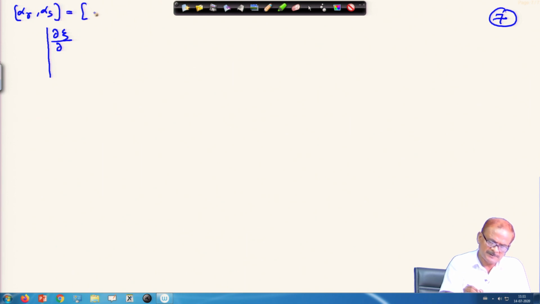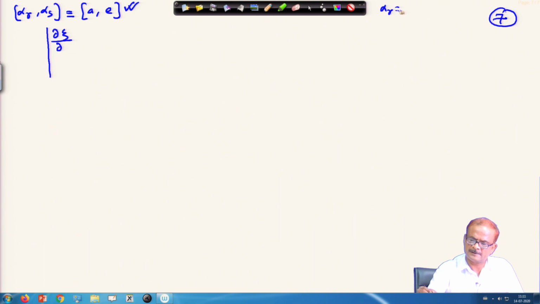So alpha r we replace by A and alpha s we replace by E. And then what will be the value of this Lagrange bracket? This is what we are looking for.